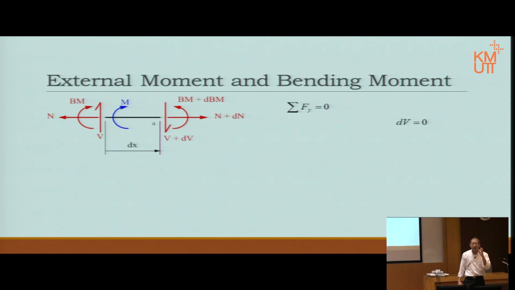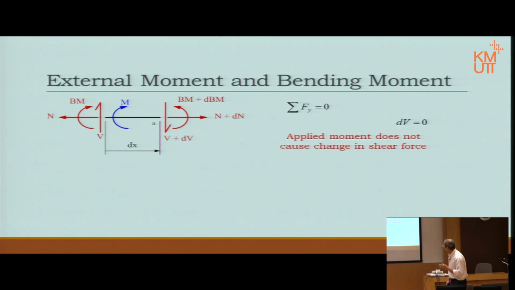It means that when you put in the moment, it doesn't change the value of the shear between the two points. Meaning, as we first proved, we only proved that the shear force changes with forces. Now it directly means that the moment doesn't cause any direct change in the shear force.